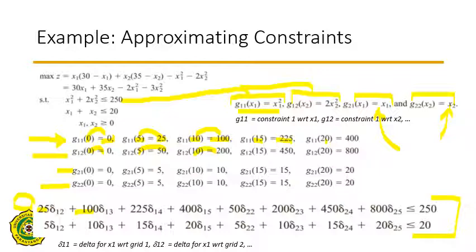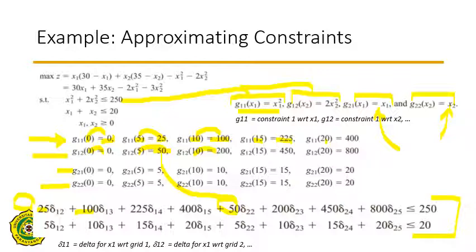And if we go on, let's say here we have 50. So here 50 times delta 2,2 because this is for variable x2 with respect to the second grid point.